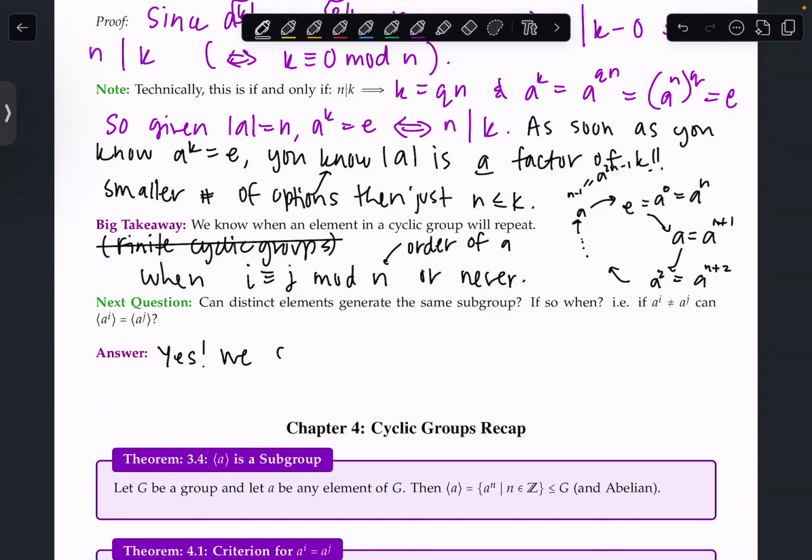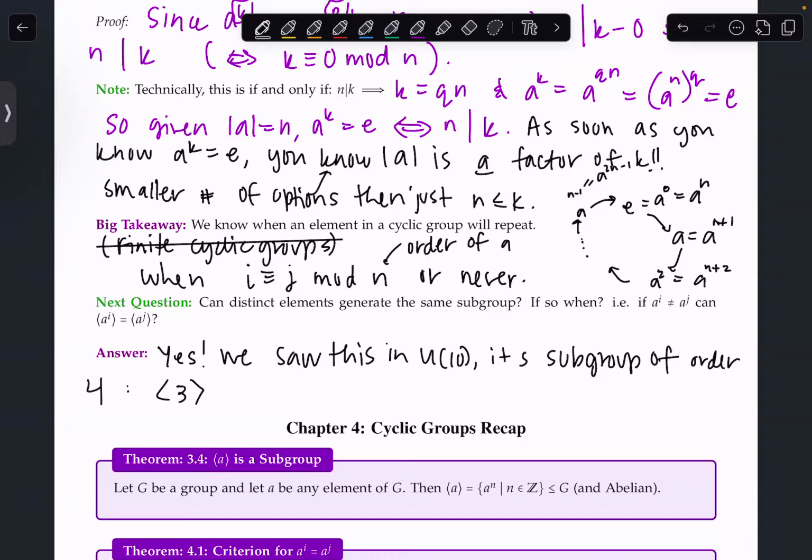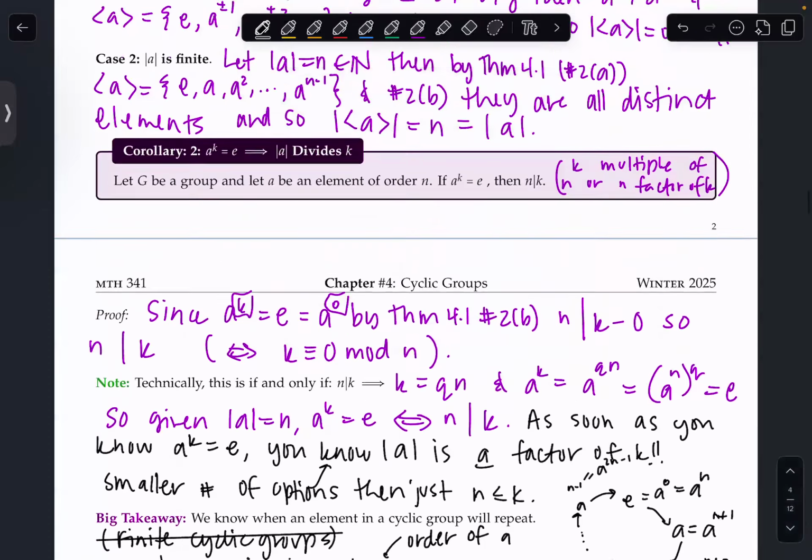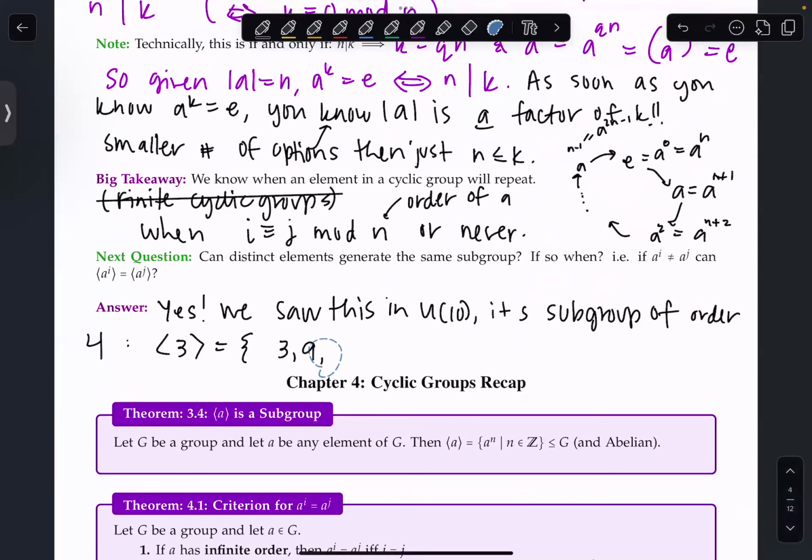And we saw this when we studied U10. It has a subgroup of order 4, which I can write in two different ways. If I generate it by 3, I get 3, then 9, then 27, which I can rewrite as just 7, and then 81, which I can rewrite as just 1.